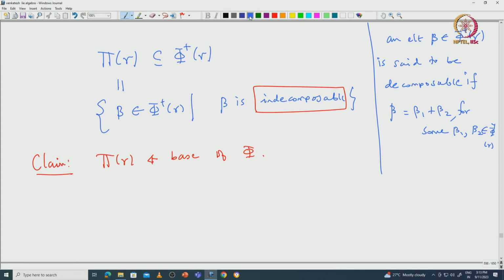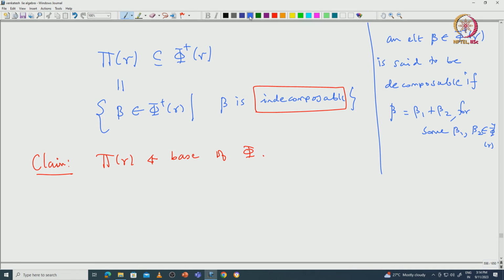For that purpose we need to prove two things. One is that pi of gamma must be a basis, and the second is that each element of phi can be written as either a non-negative integral linear combination or a non-positive integral linear combination of elements of pi of gamma.